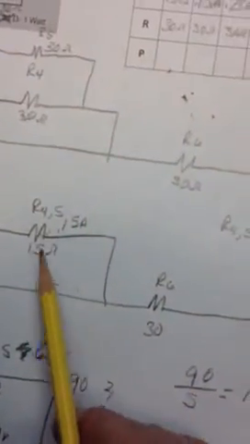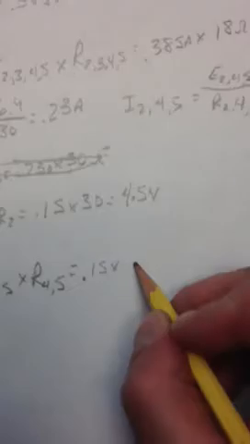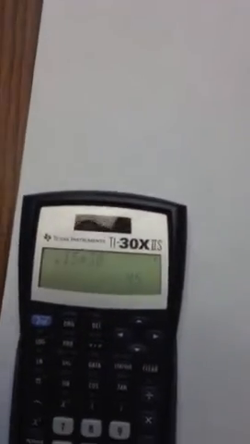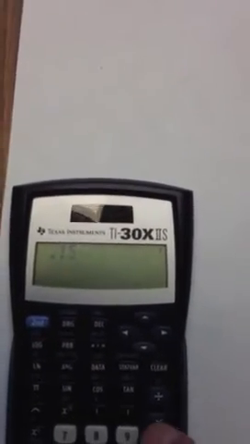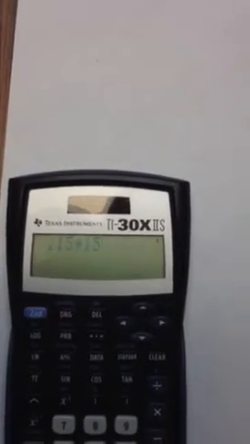So 0.15 times 15 ohms. So 0.15 times 15 is going to be 2.25.